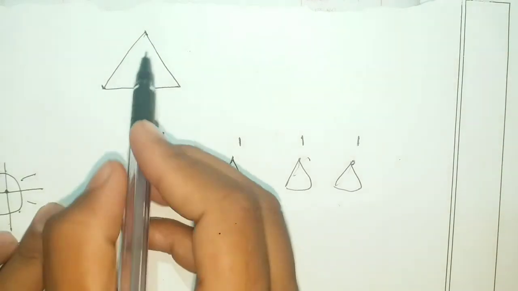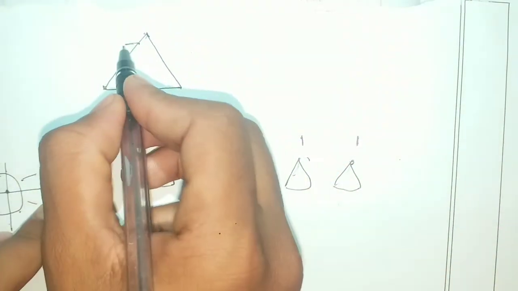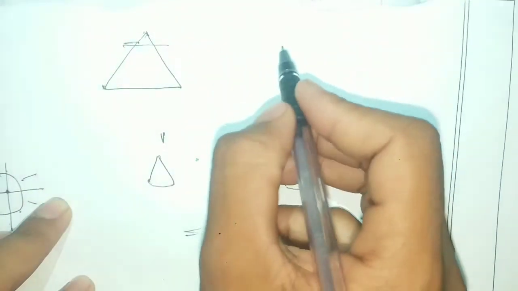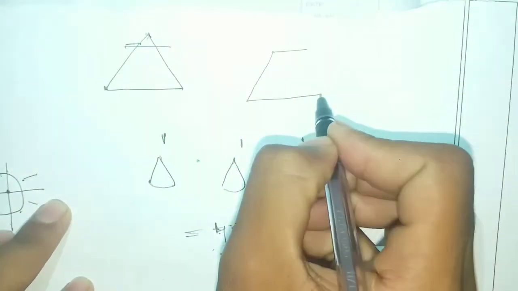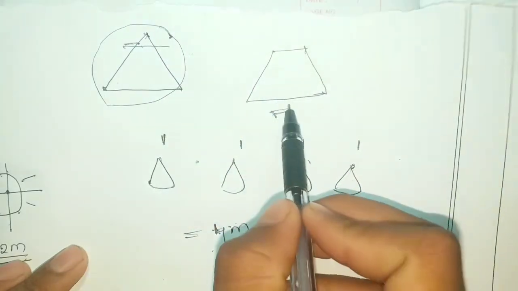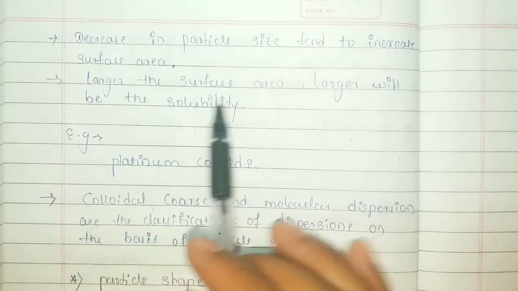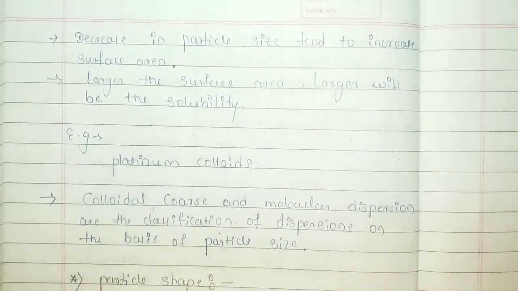When we cut one side of the samosa, the particle size decreases and the surface area increases, and the larger the surface area, the greater the solubility.